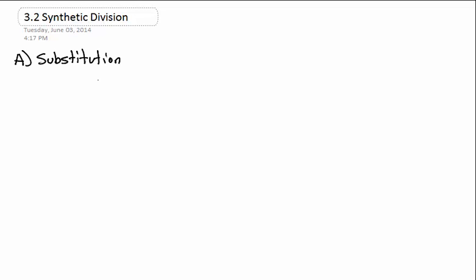And the idea here is if I've got something like f of x equals 3x cubed minus 2x squared minus x minus 15, and we wanted to find maybe what f of 2 equals. Well, the way we've done this up till this point is we put 2 in for all the variables.